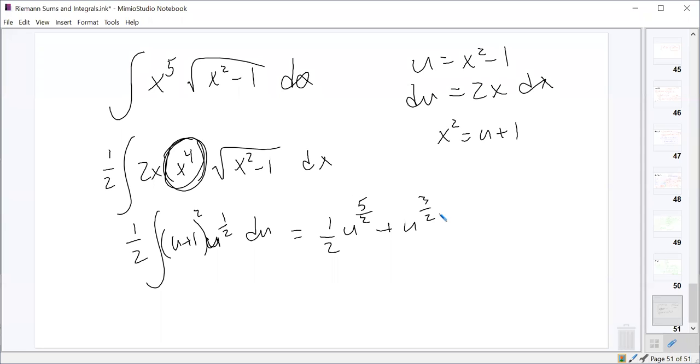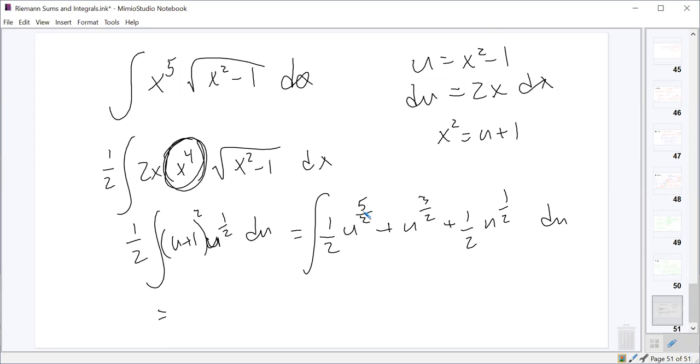And these are all still inside an integral. And then we have the 1 u to the 1/2, and so it's 1/2 u to the 1/2. Everybody good with that? Yeah, good. Okay. And so now we'll just integrate.